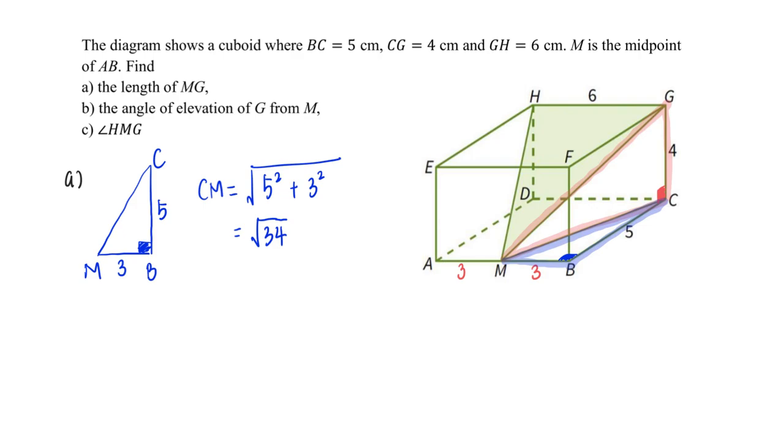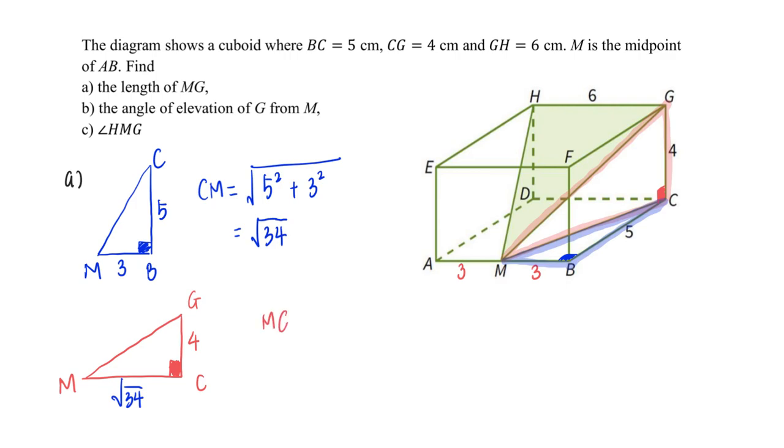Then, focusing on my red color triangle now, where I have my G, C, M, which is also a right angle triangle. This is 4, and I just got that this is square root 34. I can then find my MG.